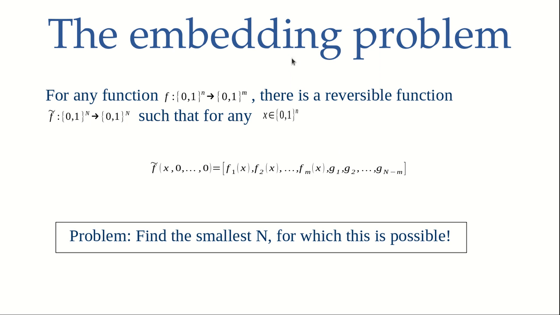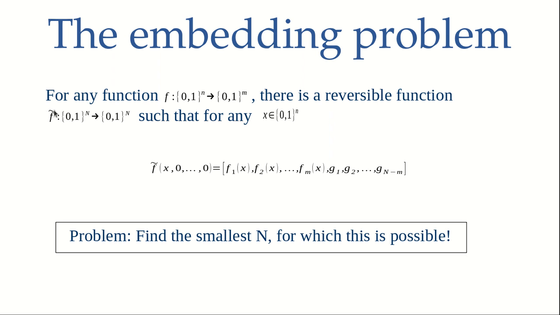So if f is now an arbitrary function, which we want to compute, which is maybe not invertible, then what we do is we search a larger function which is reversible and which embeds the function f.